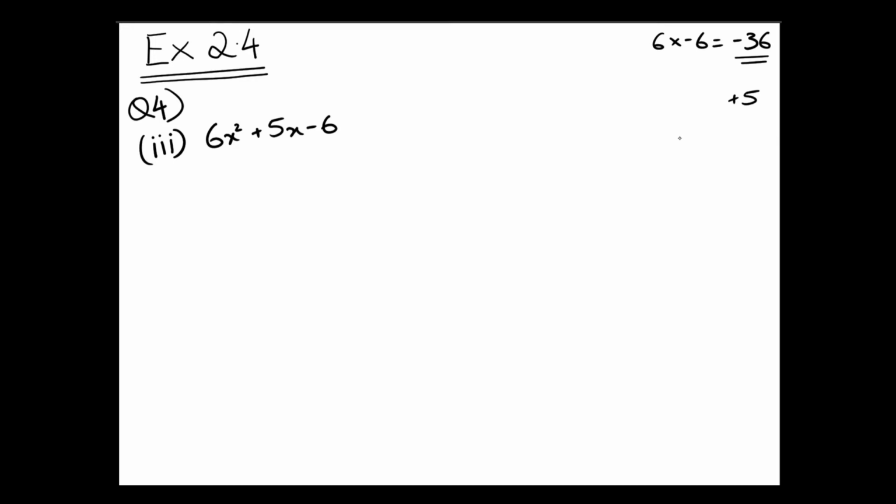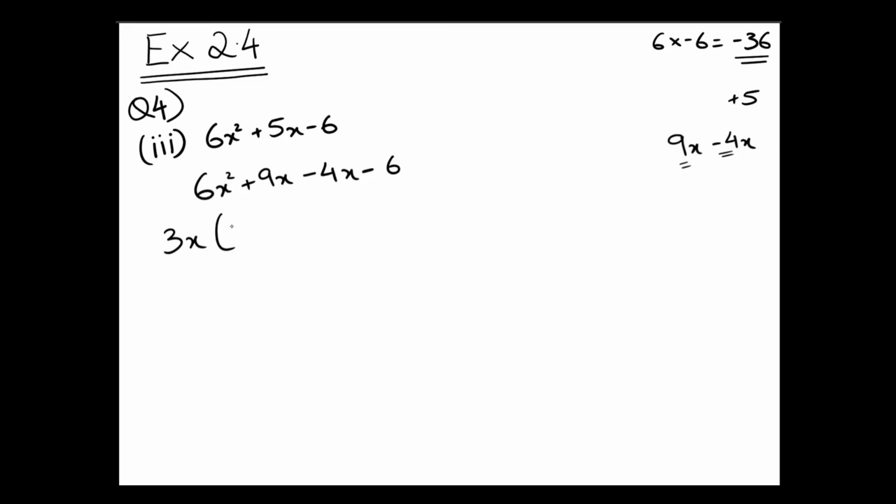And two such numbers are 9x and minus 4x. 9 into minus 4 also give us minus 36. So hence we can split this middle term as 6x square plus 9x minus 4x minus 6.